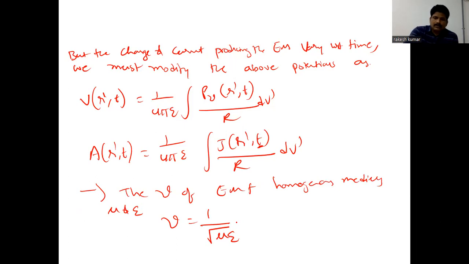Then the potential at any point is not due to the value of charge density at the same point at the same instant, but its value at some previous instant, as the electromagnetic wave propagates with a finite velocity. So it depends not only on the present time but also on the previous instant.